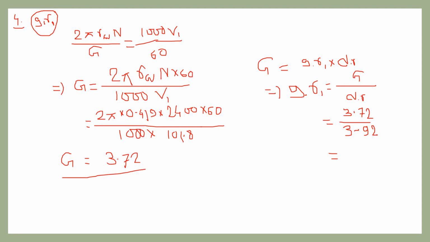So 3.72 divided by 3.92 is 0.95. So the gear ratio in the top gear is 0.95 to 1. This is the fourth answer.